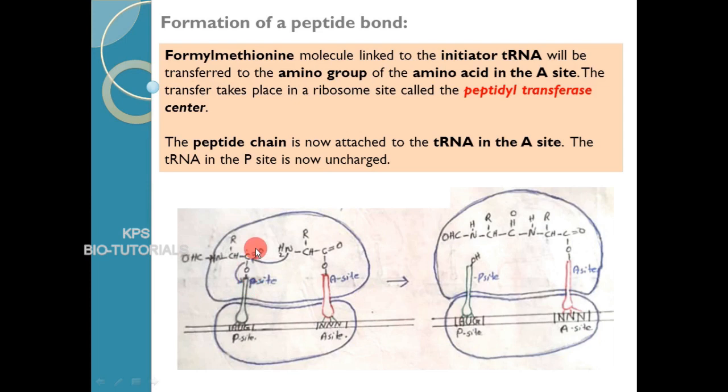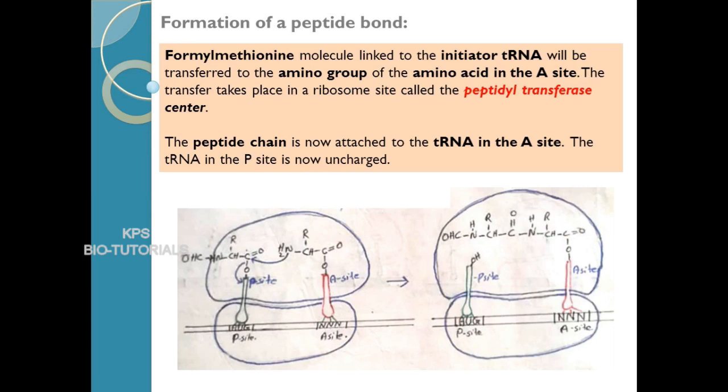Thereby this ester bond will be broken, and a new bond, namely the peptide bond, is formed between the carbon atom of the first amino acid and the nitrogen atom in the amino group of the second amino acid. Thereby a CONH bond will be formed. That is said to be the peptide bond.